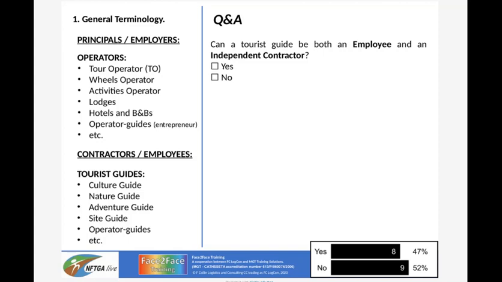In most cases, one tour operator will list you either as an employee or as an independent contractor. But if you work for multiple tour operators, which you should be if you're a freelancer, you should be working for more than one operator. In that case, you might be listed as an employee by one, as an independent contractor by another. So that's the same. Okay.